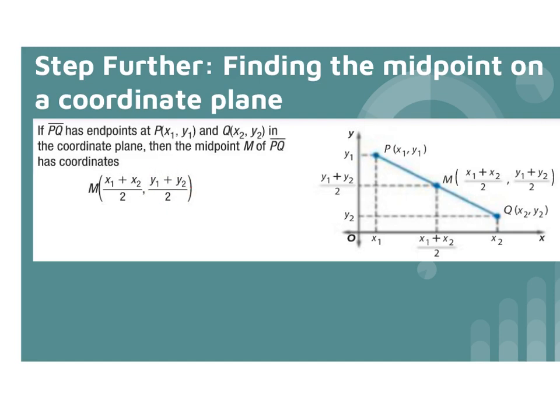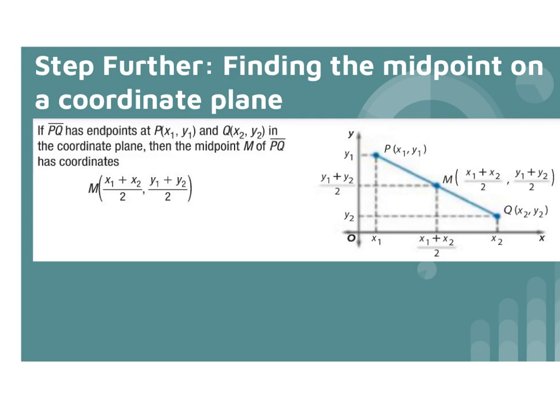For example, we have this line segment PQ. We want to find the midpoint M. So we have x1, y1 for coordinate P, and x2, y2 for coordinate Q. If we want to find the midpoint, we're going to use x1 plus x2 divided by 2 for the x coordinate, and y1 plus y2 divided by 2 for the y coordinate.